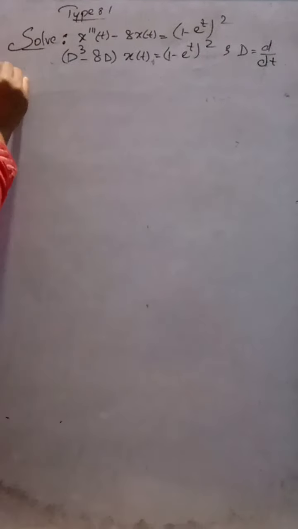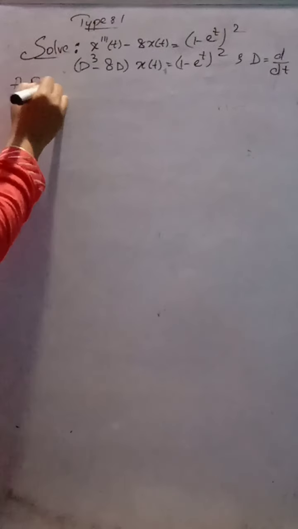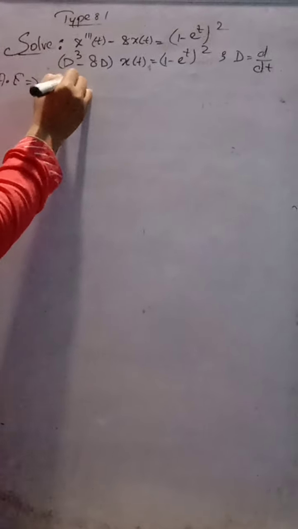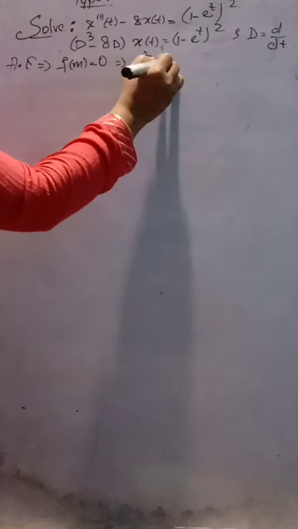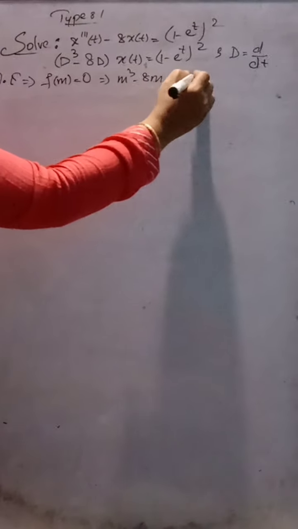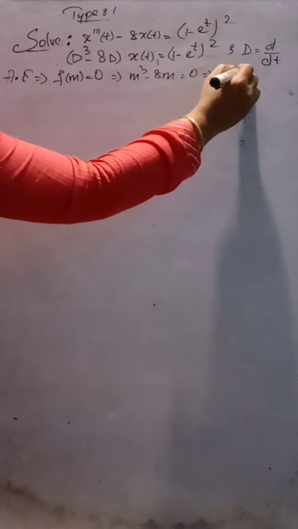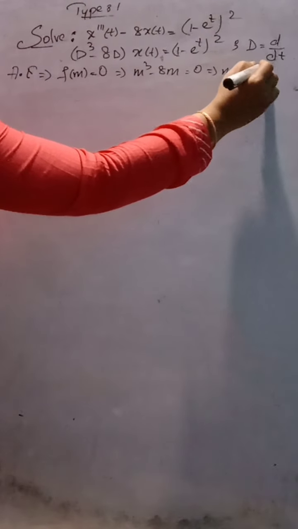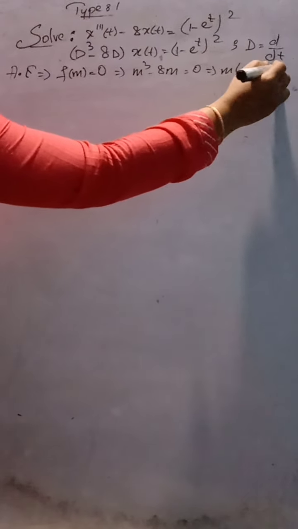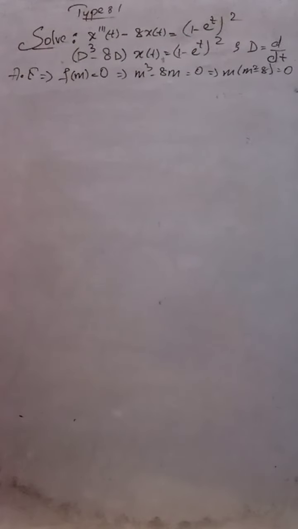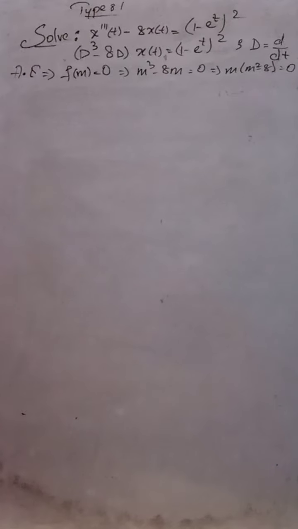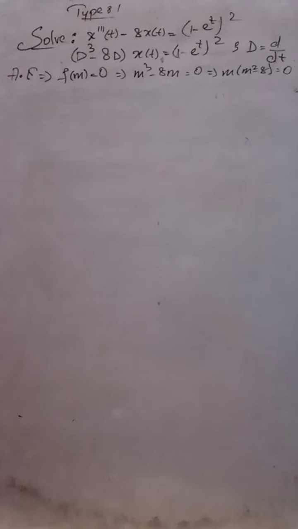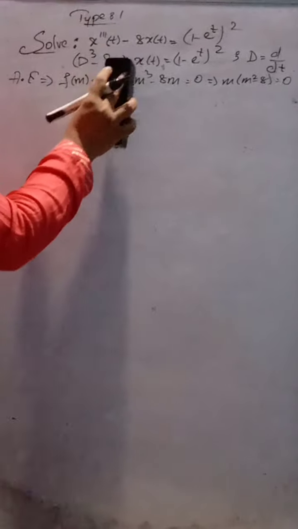Alright. Now, as usual, find the auxiliary equation given by f of m is equal to 0. So, m cube minus 8m is equal to 0, implies m into (m square minus 8) is equal to 0. Understood? Yes, guys. So, m cube minus 8, there's no m here, sorry.